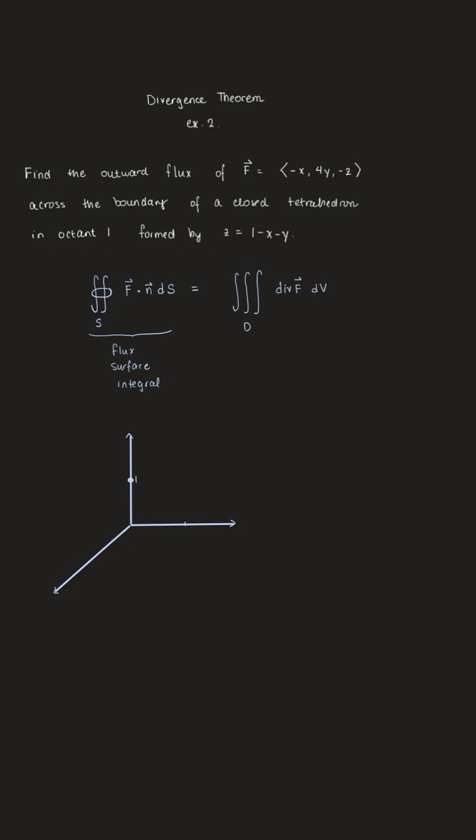You can always find that by setting the other two variables equal to 0. And so here's our tetrahedron, this 3D filled in object, and that is our plane z equals 1 minus x minus y.